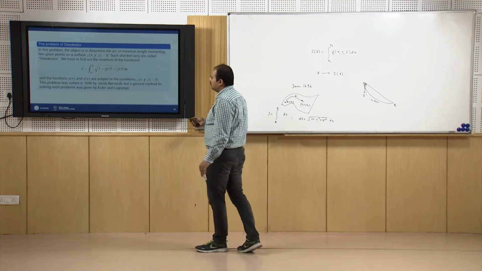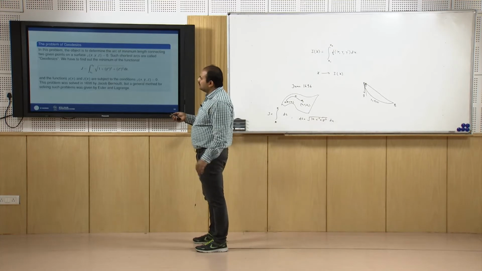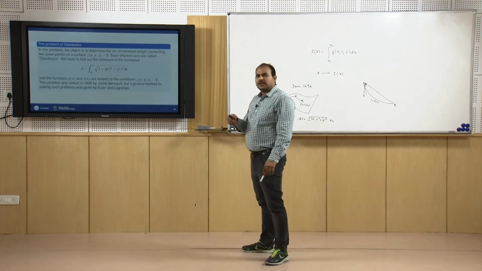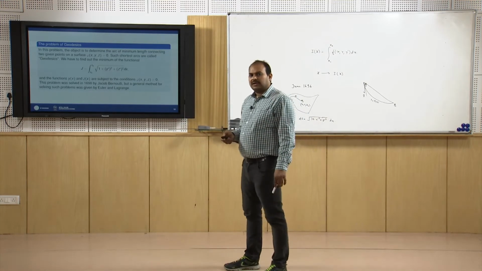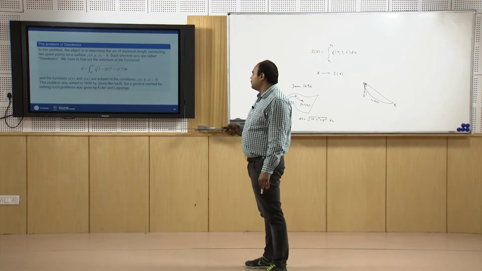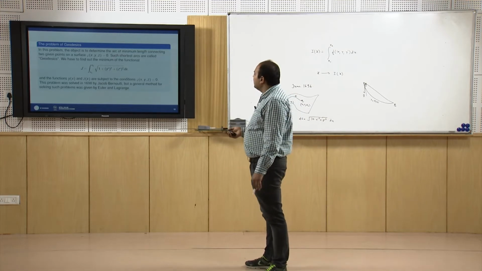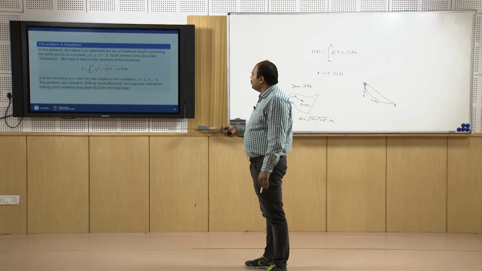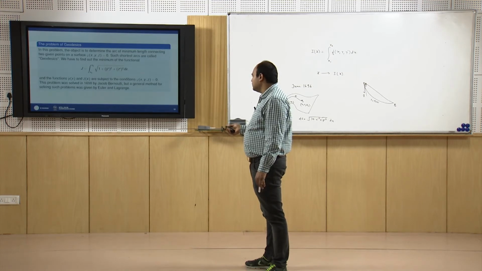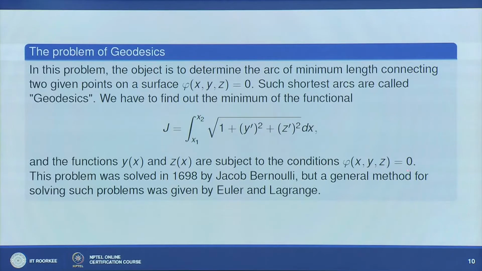So if you remember, this problem is different from the first problem, the problem of steepest descent, or problem of quickest descent, in a way such that here not only do we have to minimize this functional, but also the curve which minimizes this functional has to satisfy certain other conditions, that is, that curve has to lie on the surface phi(x, y, z).